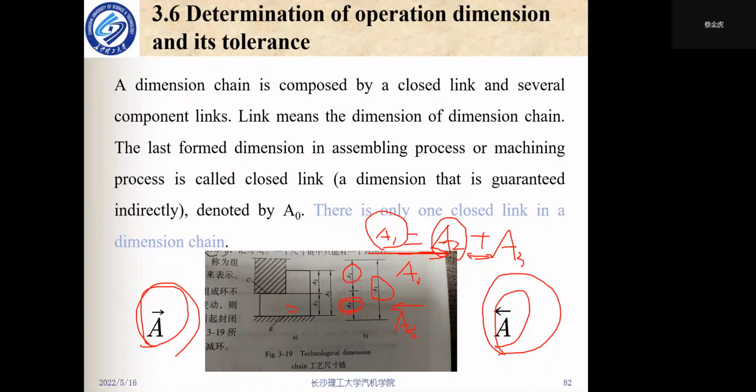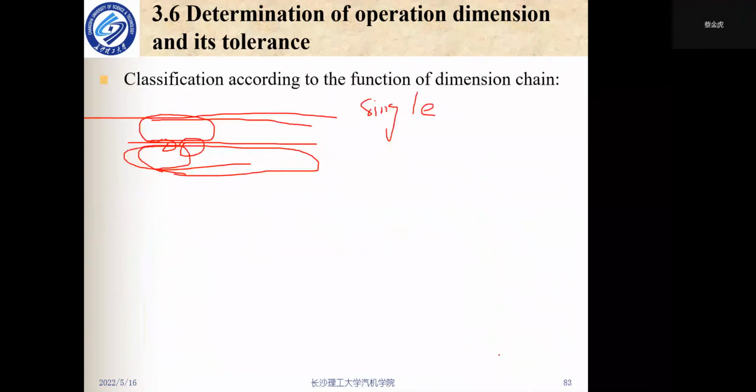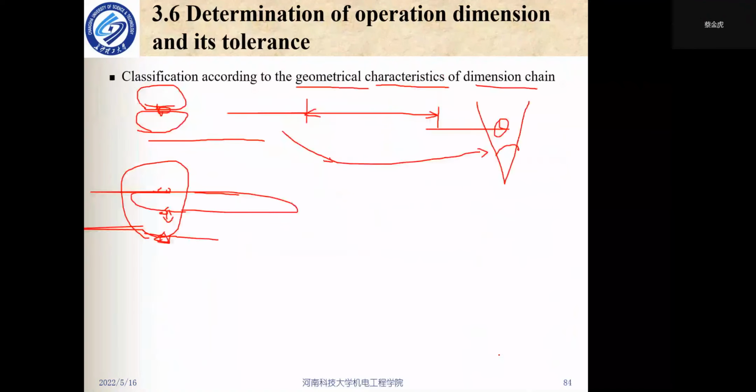And then the classification of dimension chain, which can be classified according to the function of dimension chain.